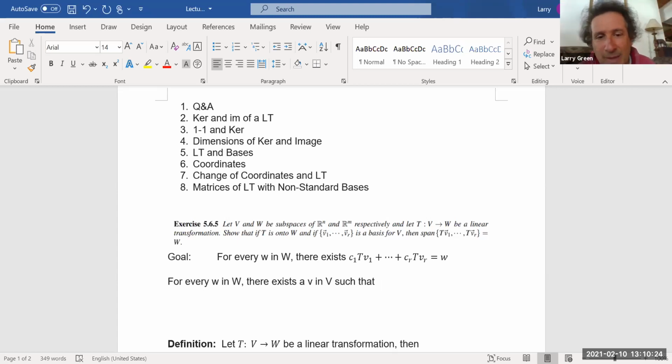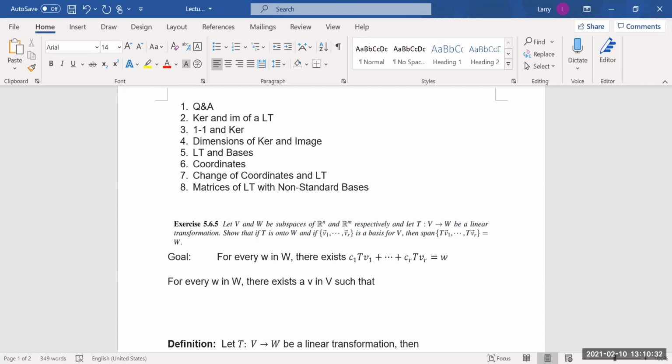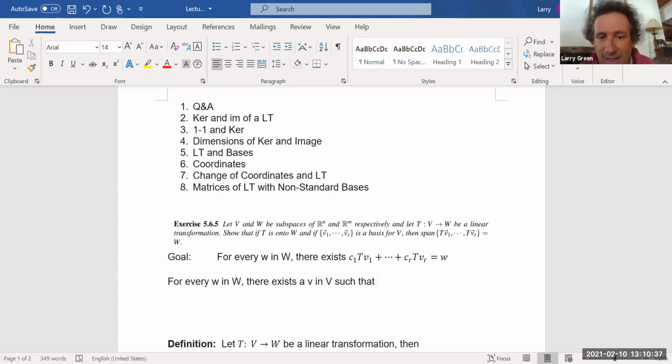So you could think of, let's say we're looking at R3 and W might be a plane in R3. So it doesn't mean that the range is all of R3. It means that the range is all of W, which is that plane that sits in R3. Does that make sense?